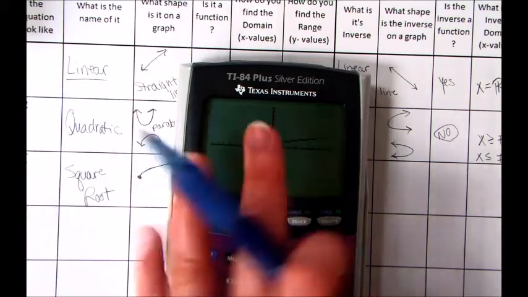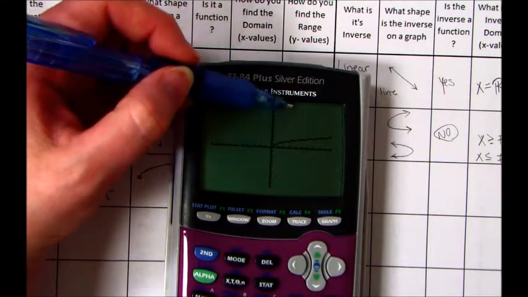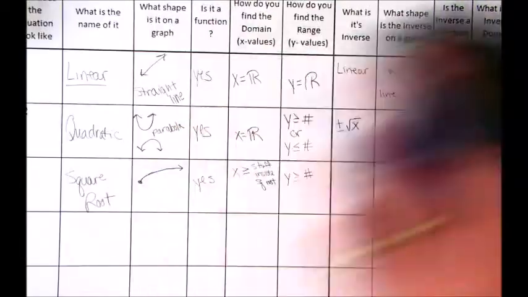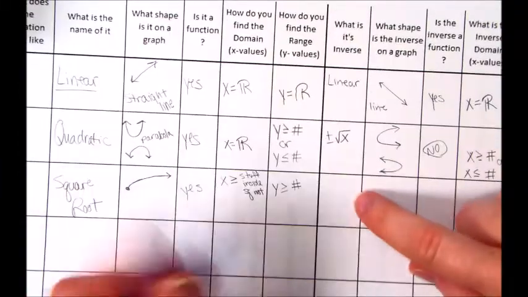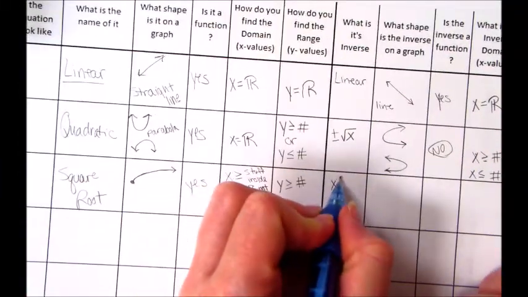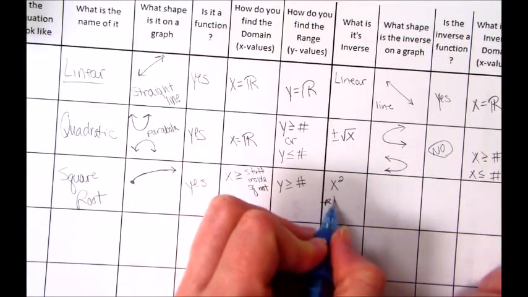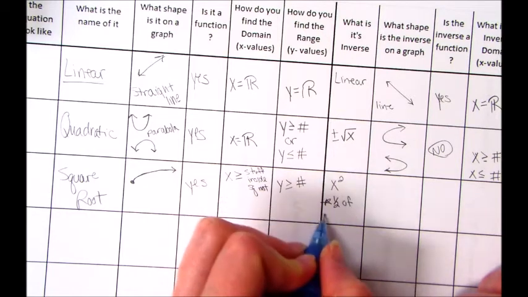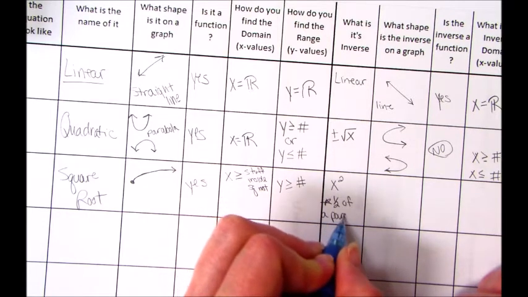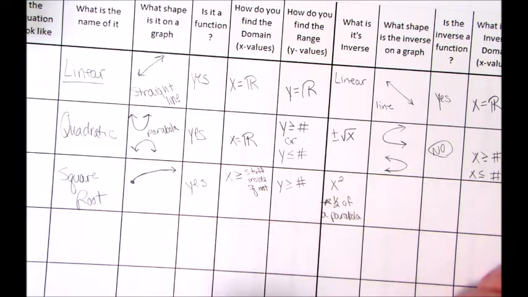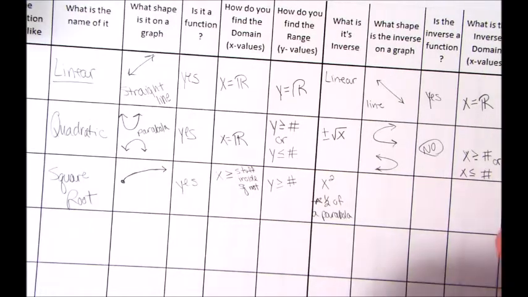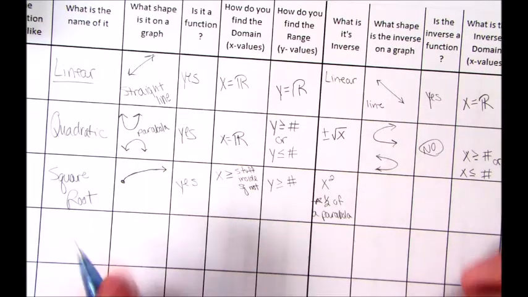Or excuse me, I think this one would be right here. Be half of a parabola if you folded it. So the inverse is x squared, but we need to note that it's only half of a parabola. Okay? And so it is an x squared, it is quadratic, but it's only half of it.